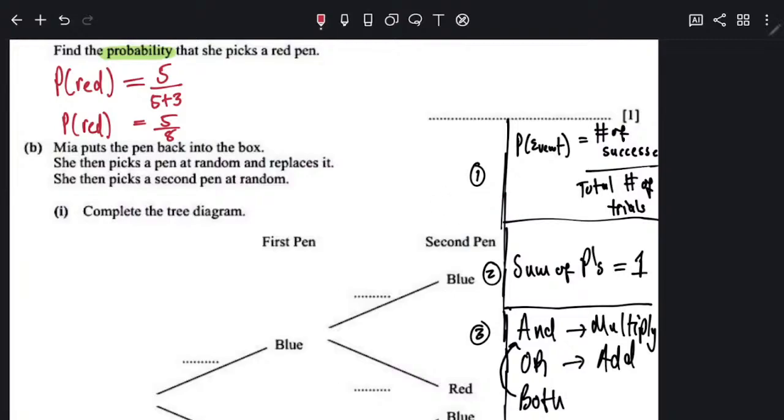Just remember that if I ever pick something and I replace, that means the total number of things will never change. Are we together? Yes. If I ever pick and replace, don't change the total. But if you pick and you are not replacing, please remember to change the total. I'll show you when we get there.